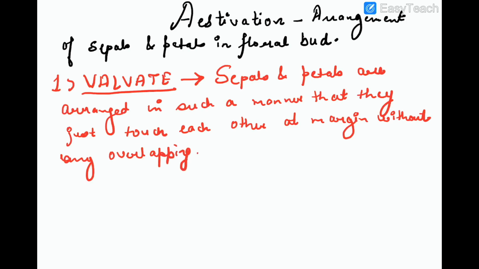Let us draw its diagram. So these are the sepals which I am drawing. Either take all sepals or all petals. This is the first sepal, this is the second sepal, similarly the third one and the fourth one.